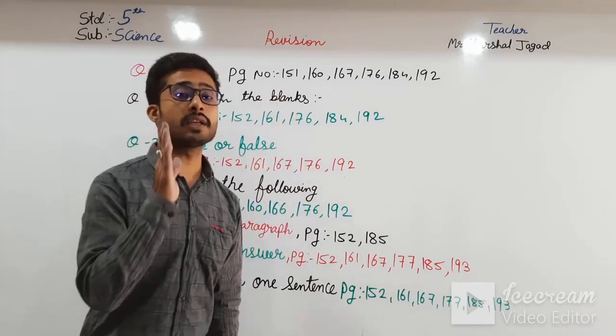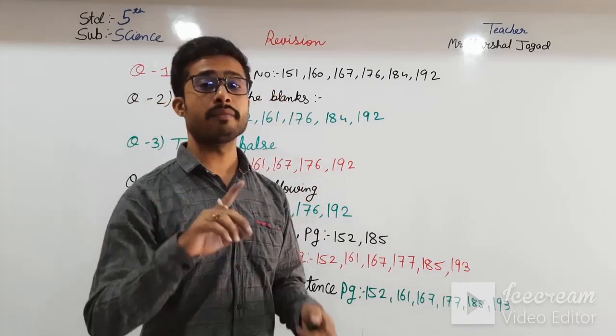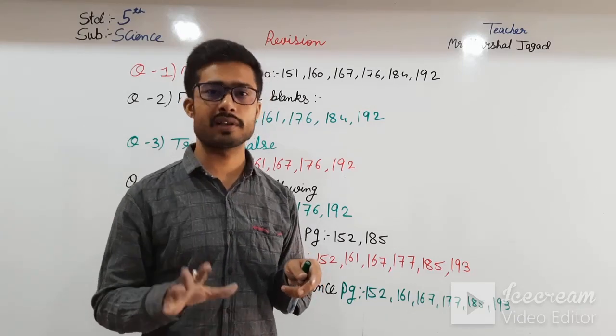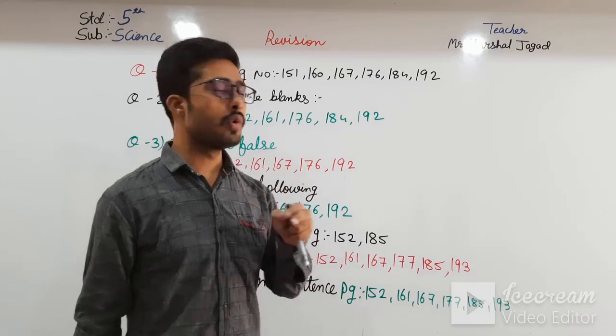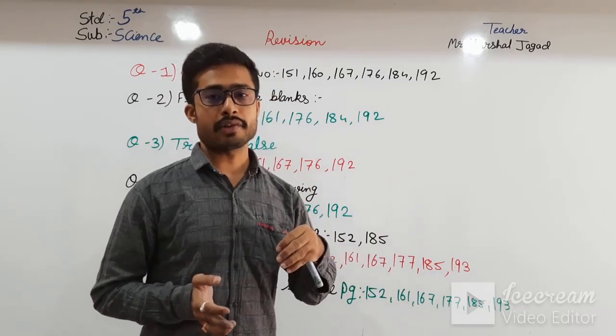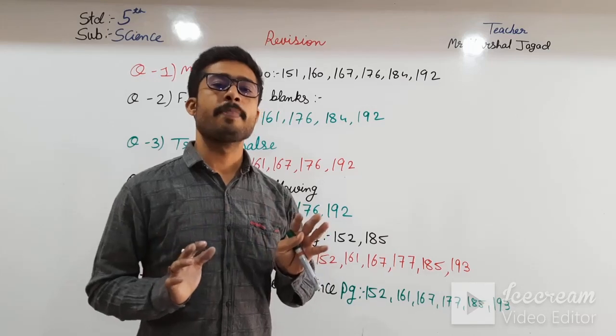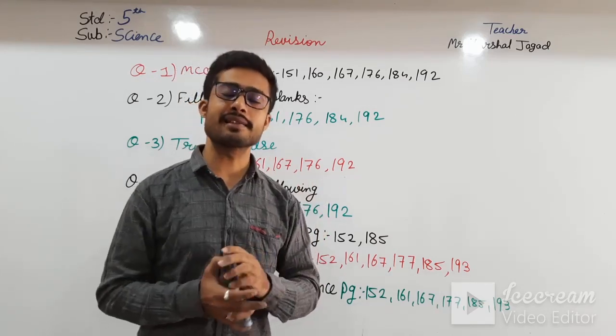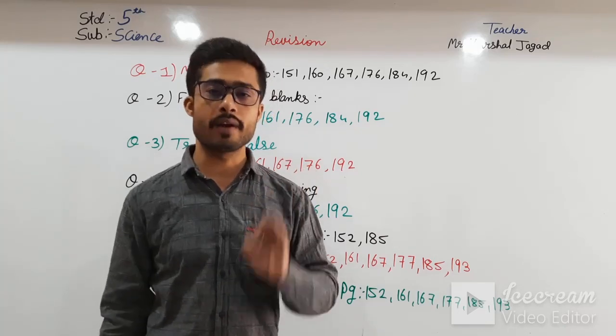But some of the questions I have not taken from the exercise, only 1 or 2, not 2 or 3, which I have taken from inside the chapter. Okay students, so don't panic. If you have learned the whole chapter, then you can easily answer that question.